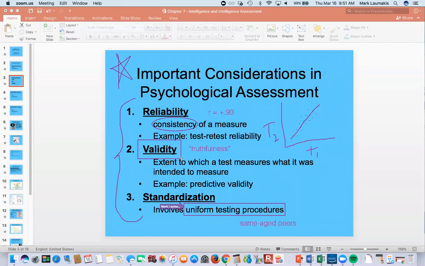If the charted points were declining, so are you saying if we had something like this, we had like a negative correlation and it was going this way, that would be horrific for reliability, because basically what you're saying is that somebody who scored low at time 1 scored really high at time 2.